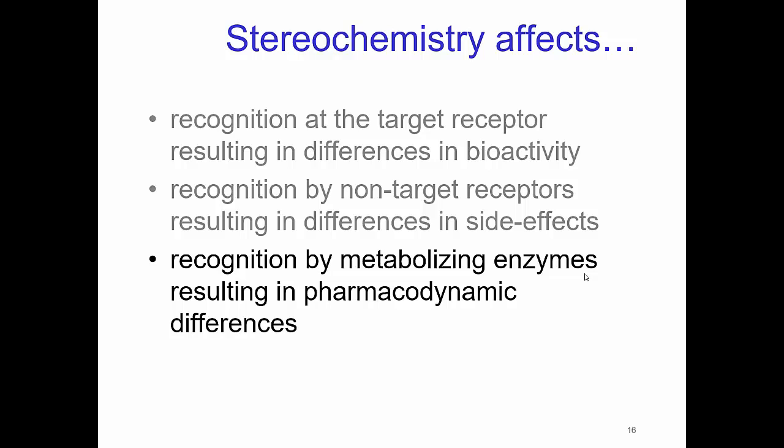And that could lead to potential issues, because we want an understandable and predictable metabolism to take place, since we want to know how to dose the drug and how it's eliminated from the body. So if both were good as the drug, and they have two different metabolic profiles, there's probably one that would be more desirable than the other, and then that single isomer would be better to give by itself than the mixture. Okay?